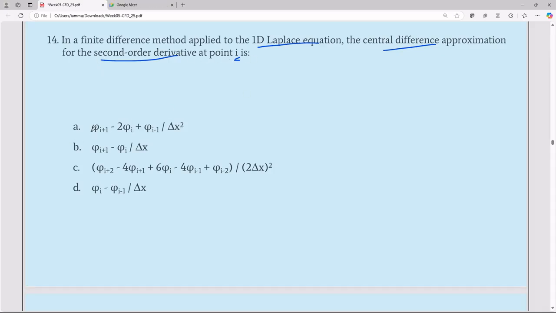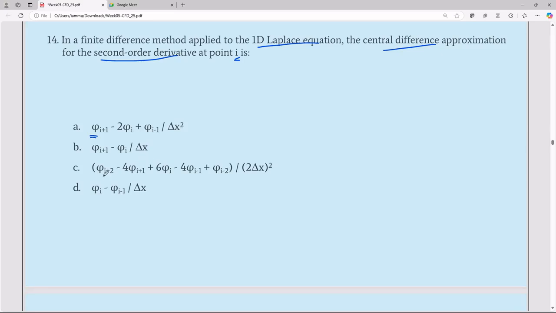Options, if the transferable property is phi: option A, phi at I plus 1 minus 2 times phi at I plus phi at I minus 1, the whole divided by delta x square. Option B, phi at I plus 1 minus phi at I divided by delta x.